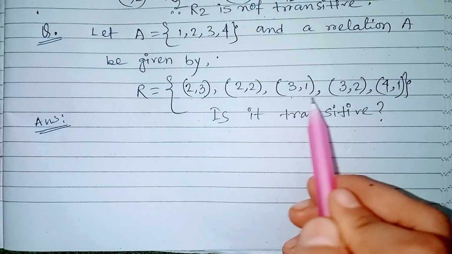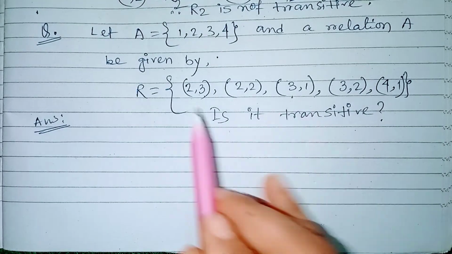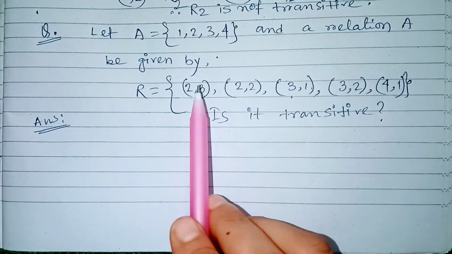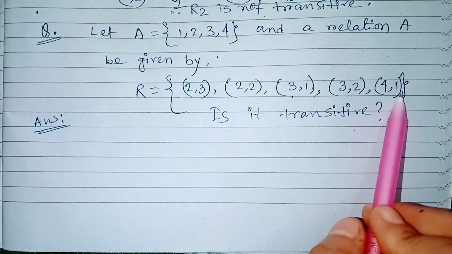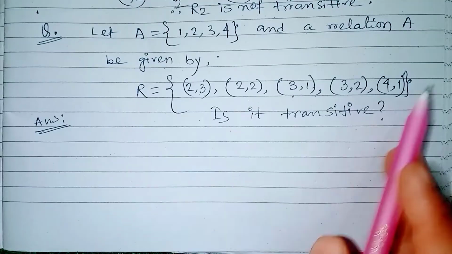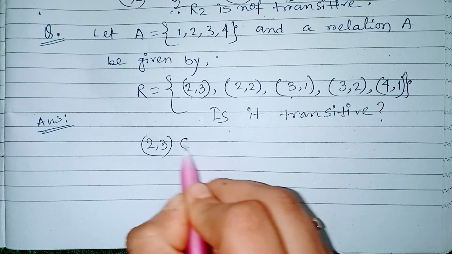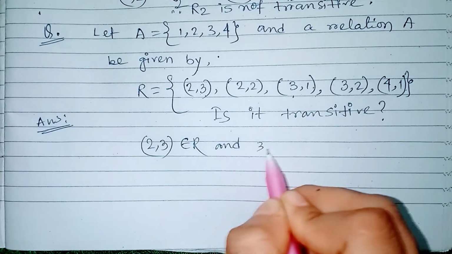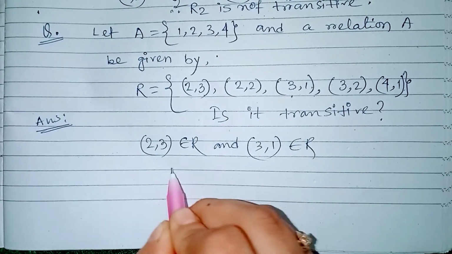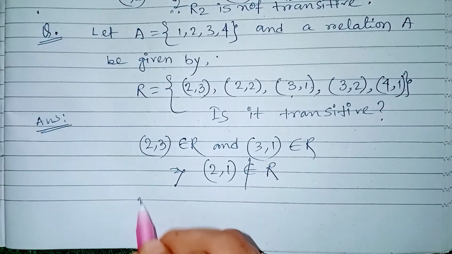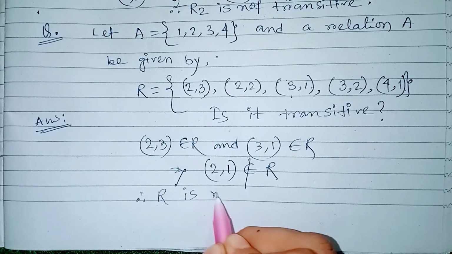You can see (3,1) starts with 3. So with (2,3) and (3,1), if the 3s cancel out, then (2,1) should belong to R for it to be transitive. But there is no (2,1). So (2,3) belongs to R and (3,1) belongs to R, which implies (2,1), which does not belong to R. Therefore R is not transitive.